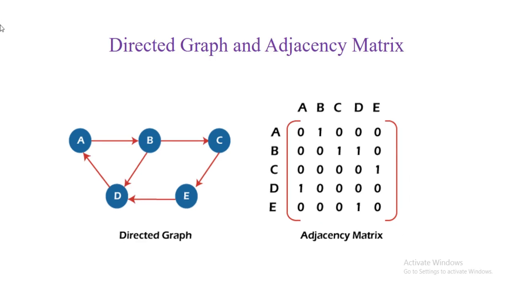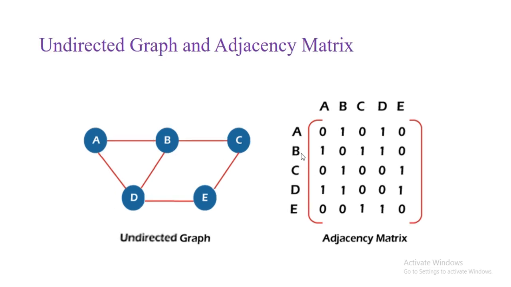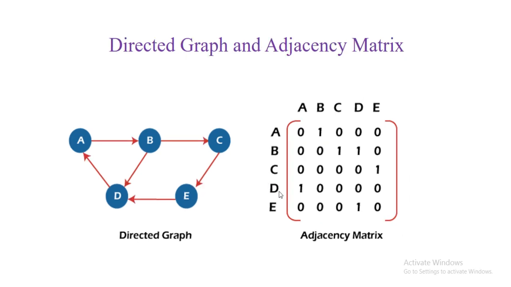Take the next example. If the direction is provided, see, here is a direction, means A to B only, not from B to A. In the previous example, when you were representing A to B, you could write the 1, and B to A also 1. But here direction is provided.